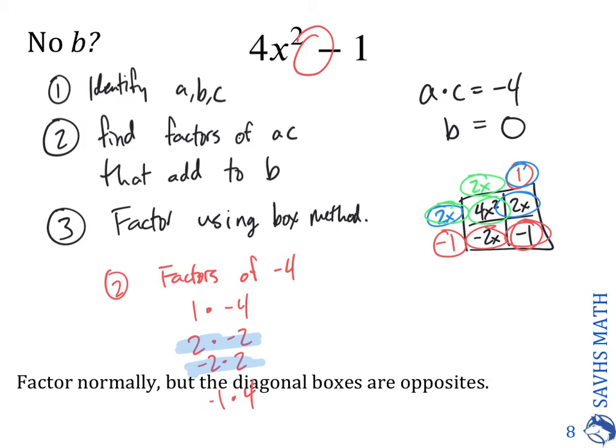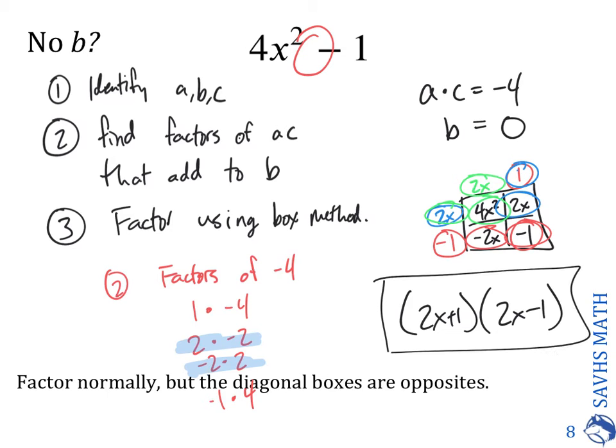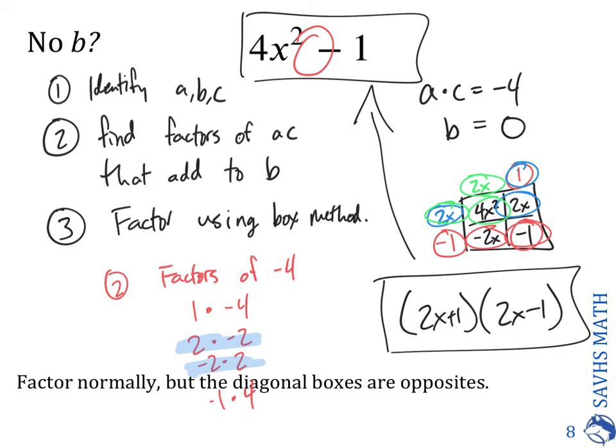So what do I get? I get 2x plus 1, and I get 2x minus 1. This is my factoring of this quadratic. These are equal because if you multiply this times this, you get this.